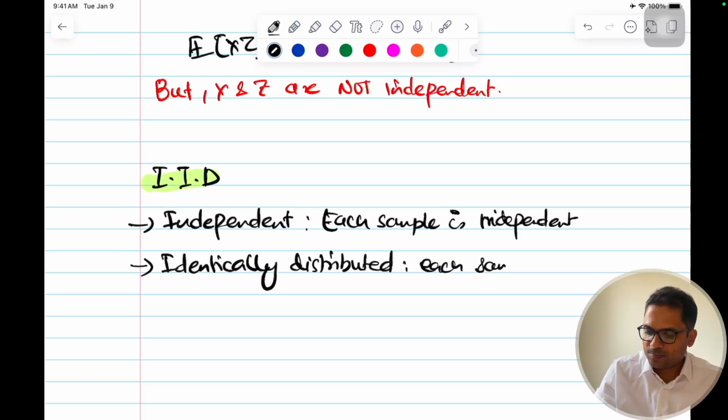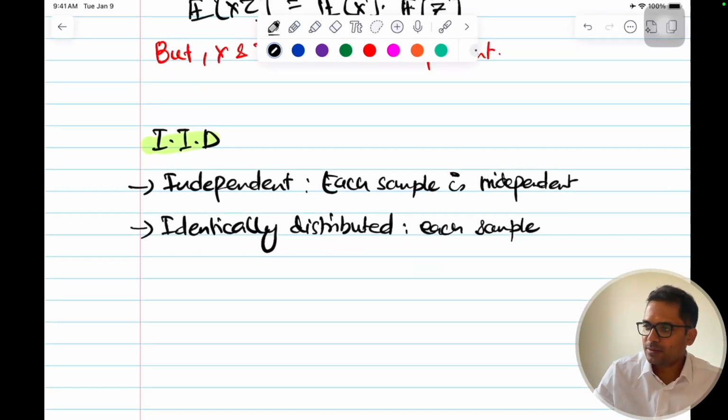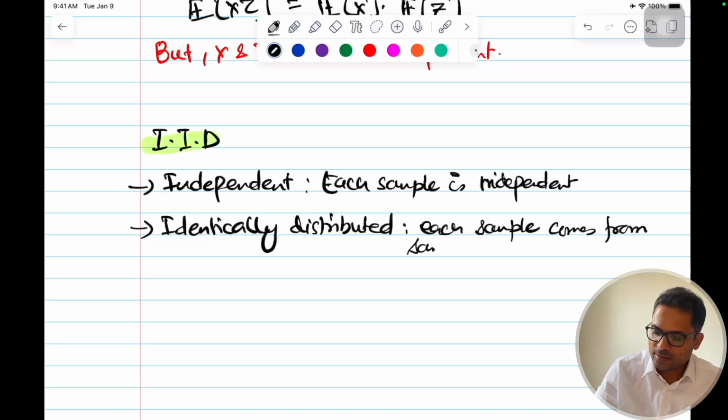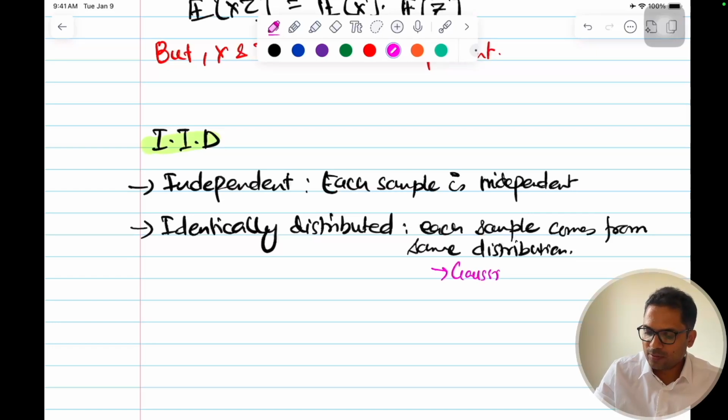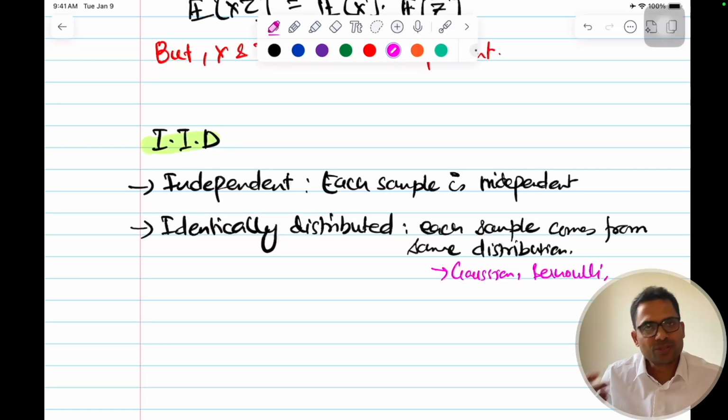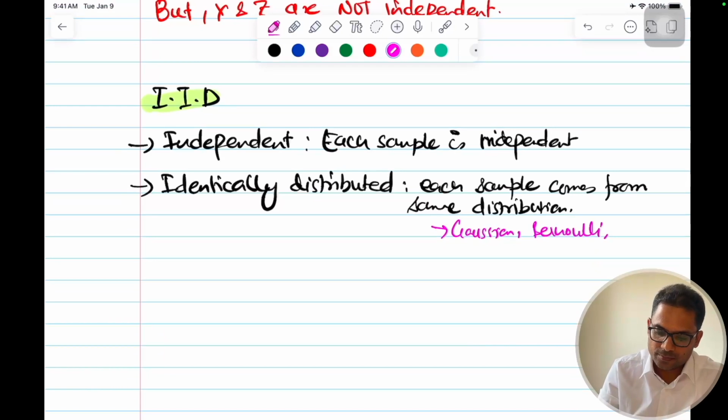Each sample comes from the same distribution. Say for example, either it's Gaussian or normal, whatever, or Bernoulli, Poisson, geometric, whatever, name it. There are thousands of distributions, at least hundreds.